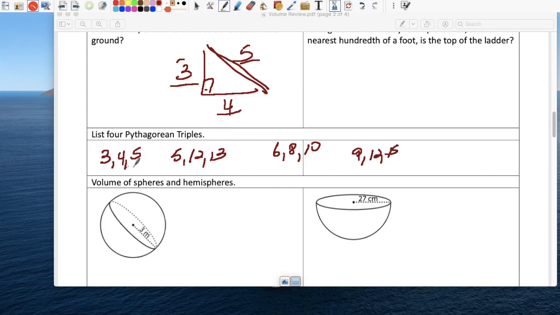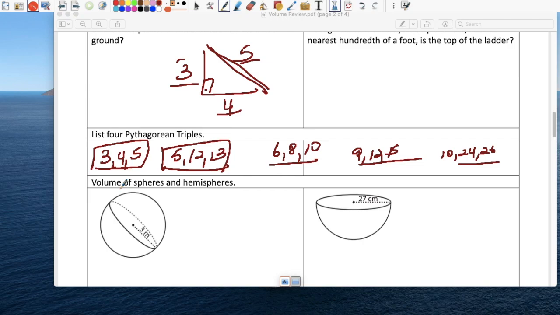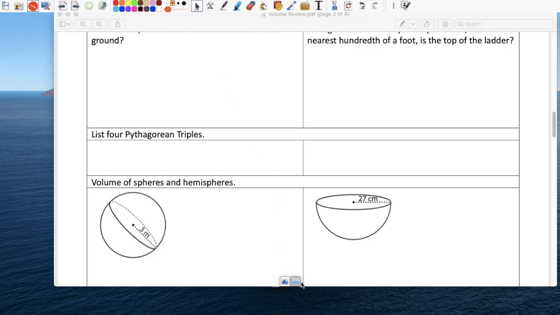Take this, multiply by 3, you get 9, 12, 15. 5, 12, and 13, if I multiply all the sides by 2, I get 10, 24, 26, and then I can grow from there, right? So just knowing these two, for example, I can come up with these by multiplying all the sides by the same factor. Okay. All right, so that's that.